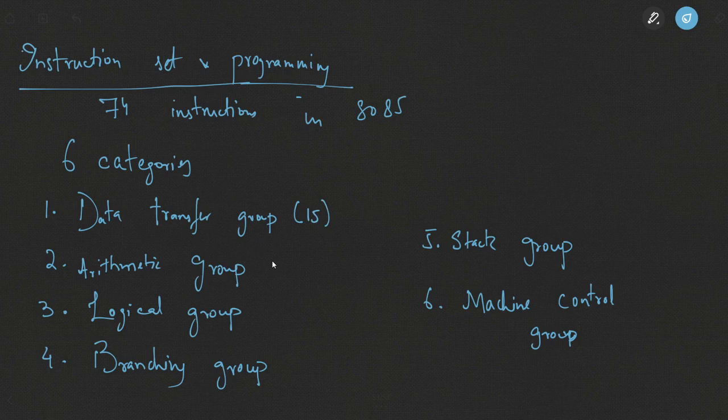Secondly, the arithmetic group has 20 different instructions. These are simple arithmetic operations like addition, subtraction, multiplication, and other types of arithmetic operations.